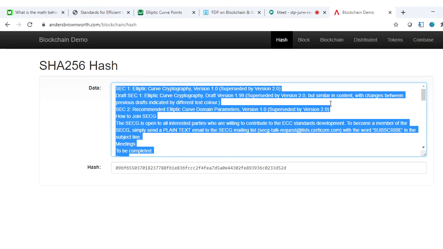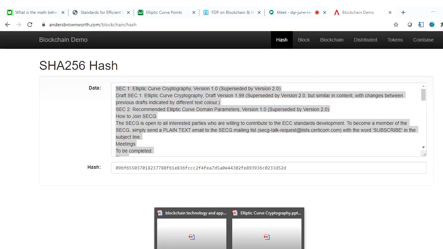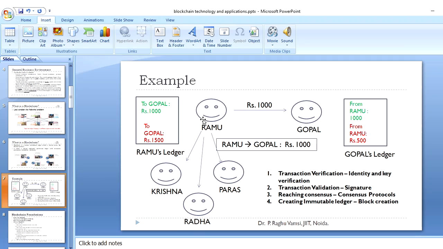It will give you a hash code. This hash code is encrypted using Ramu's secret key. Ramu's secret key means only Ramu will know the secret key. No one else knows the secret key of Ramu, because Ramu has chosen his own secret key. But the public key may be known to others, not the secret key.